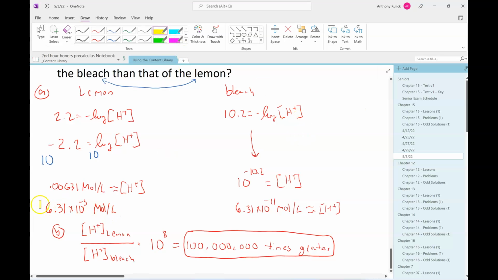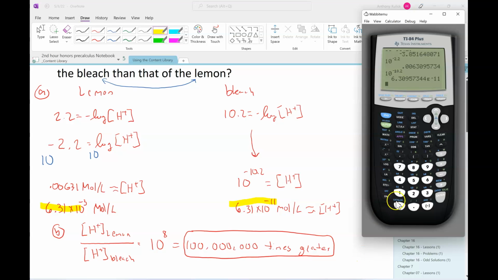I divided this number by this number, which rounds to 100 million. Same thing, right? No problem.